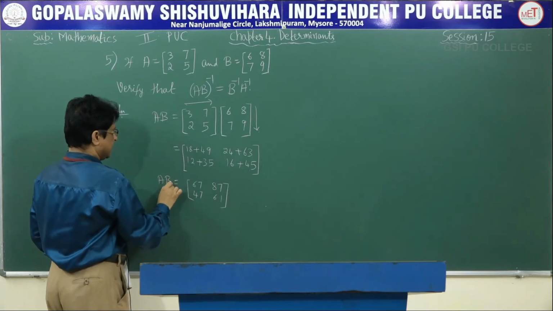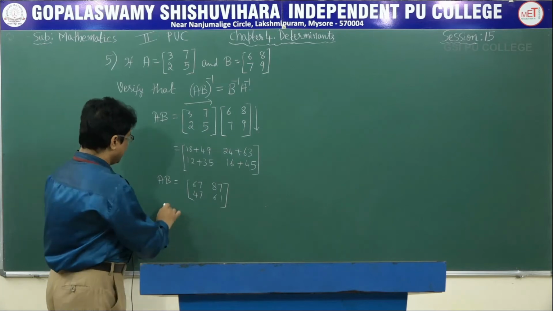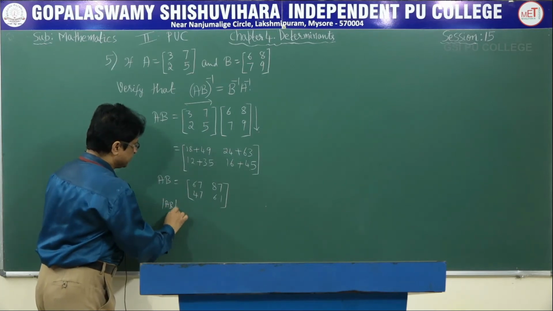So this is AB. Next we shall find the determinant of AB.